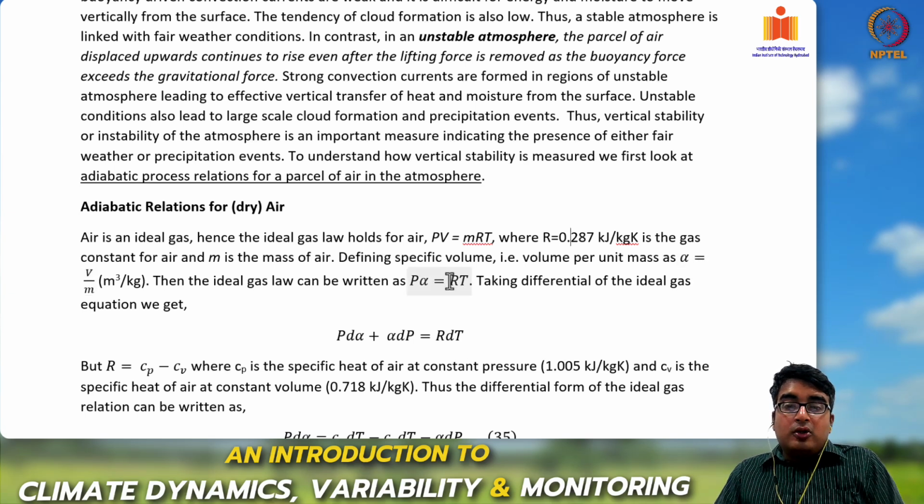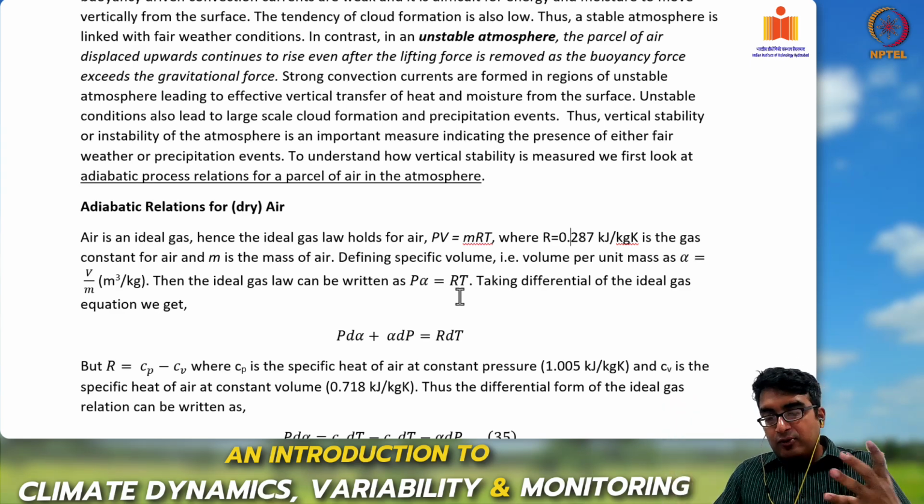Okay. So if you divide both sides of the ideal gas law by m, what you get is P alpha equals RT, where alpha is V by m. Okay. Now what we do is we take a differential of this ideal gas equation. So we are looking at what happens if there are small changes in pressure, specific volume or temperature within a parcel of dry air.